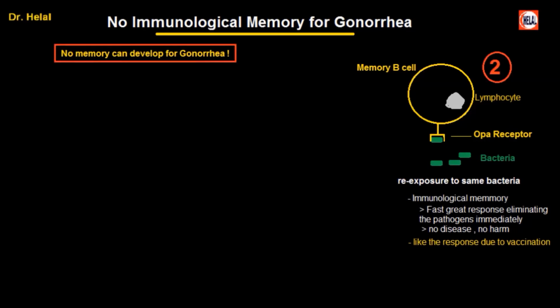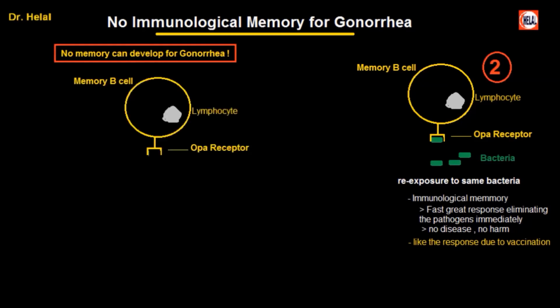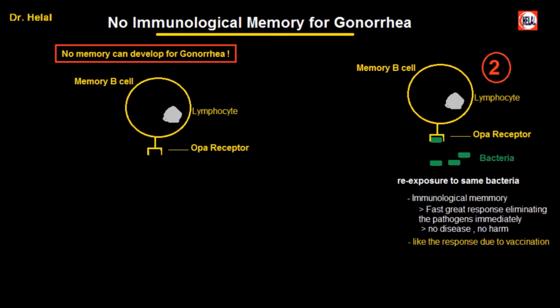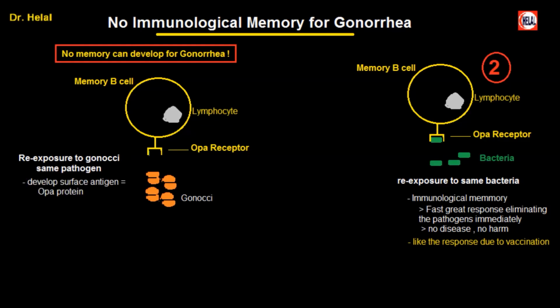But in gonorrhea, no memory can develop. How? After first exposure, there are plenty of memory B cells with OPA receptors. Gonococci will reinfect, a new infection. Gonococci have a technique. They develop a surface antigen called OPA protein.